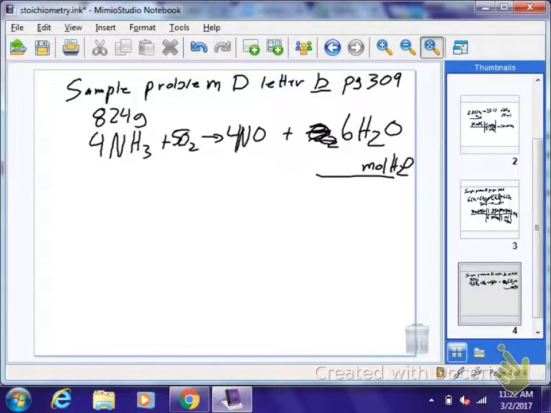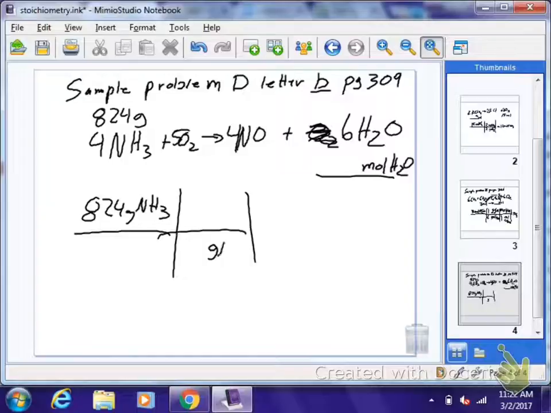So we're going to go 824 grams of NH3. We follow our units. Grams of NH3 automatically go down here, then up here should go moles of what? NH3.